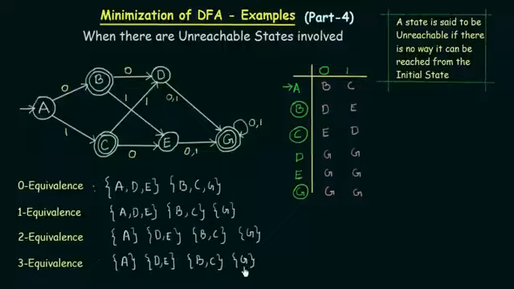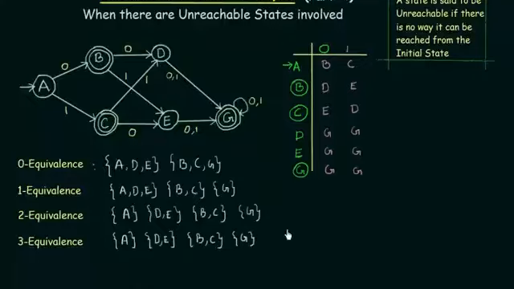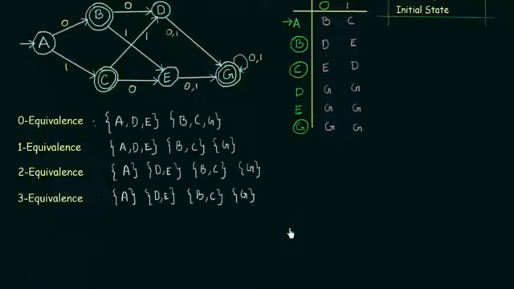If you observe carefully, the rows of two equivalents and three equivalents yield the same result. Since they are the same, it's time to stop the procedure, and these are the states that I have to make in my minimized DFA.